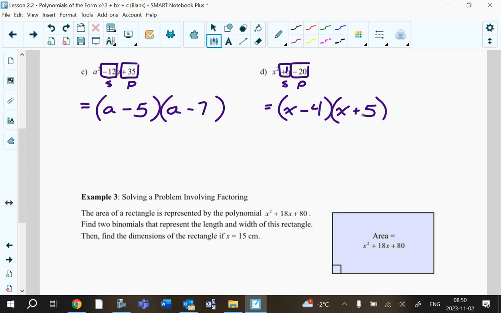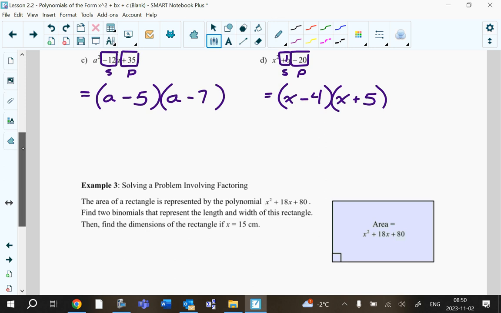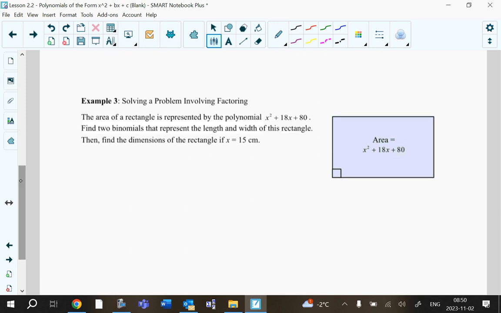And here's just a little example of problem solving that involves factoring, this last thing here. We're told that the area of this rectangle is not a number, but it's represented by the expression x squared plus 18x plus 80.